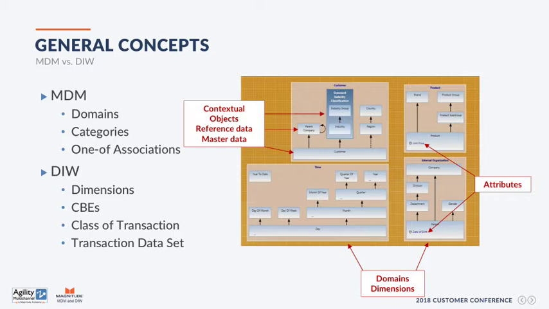Within each of those, we have categories in MDM and classes of business entity, or CBEs, in DIW. The modeling environment looks very much the same and functions very much the same. Really, the only significant difference is the lack of transactions in MDM models and their presence in DIW models.